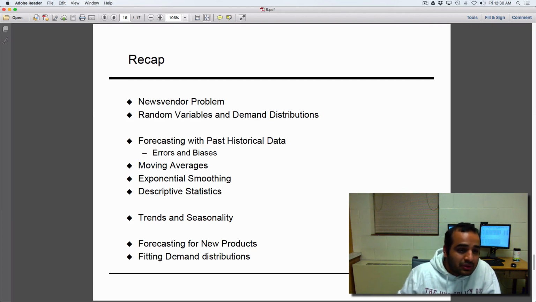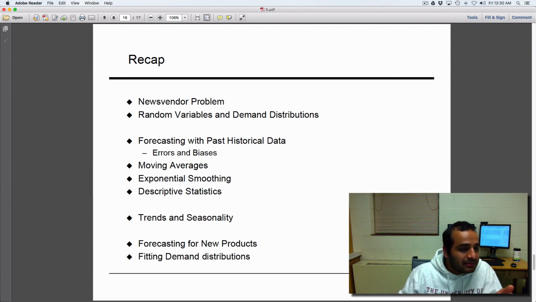We looked at two techniques mostly, averages, and then moving averages and trends. We learned how to generate descriptive statistics, more importantly mean and standard deviation, and how to change your standard deviation for predictive purposes.